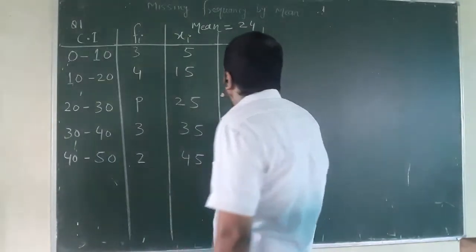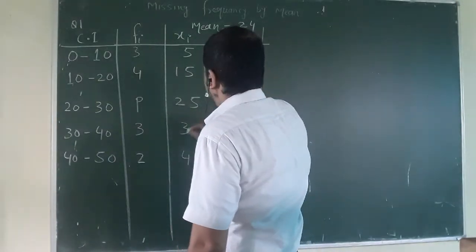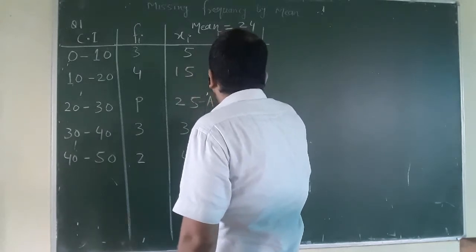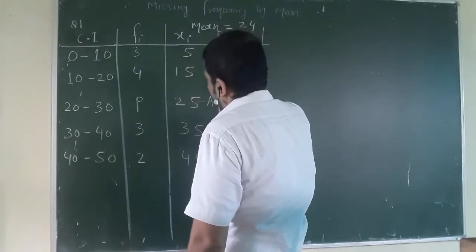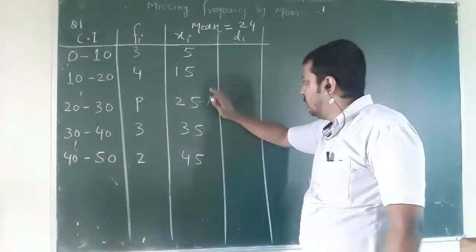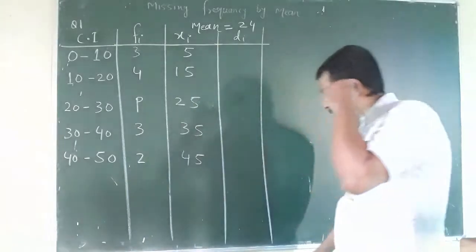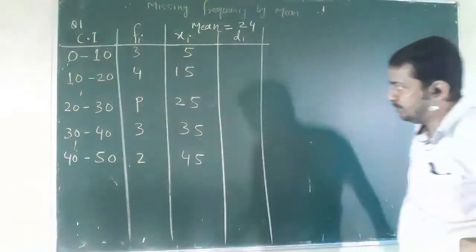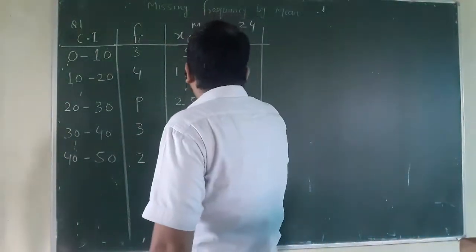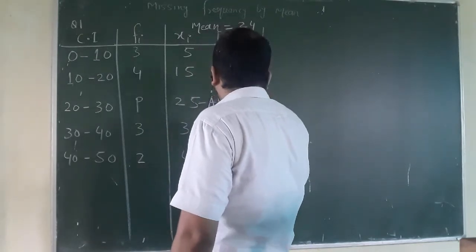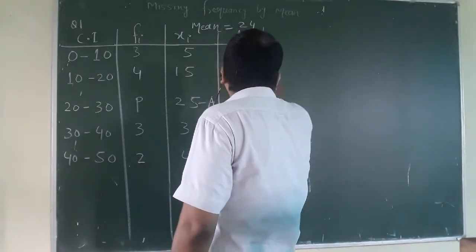After this I will put di, and this one is 1, 2, 3, 4, 5. So this one will be the a. This one is 0. Here you will find that the variable p has di equal to 0. Okay. Now di is, with a, 0: minus 2, minus 1, 0, 1, then 2.